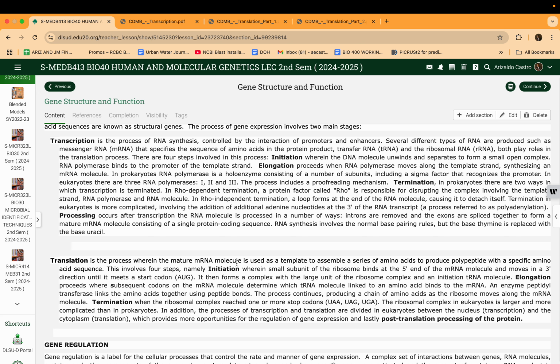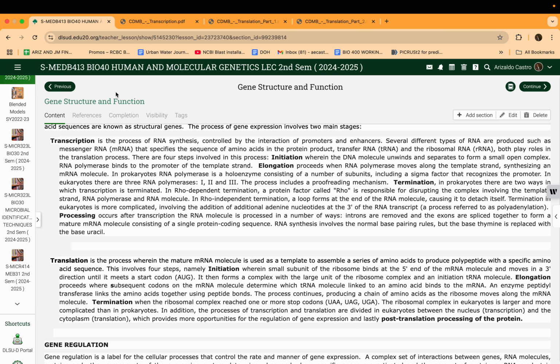They're not really coding for anything, so they are removed. The exons are the expressed components, which are spliced together. In between exons there are introns. Once introns are removed, exons are spliced together to form a mature mRNA transcript, which will be responsible for coding a single protein. Following this, RNA synthesis follows the normal base pairing rules, but the difference is that thymine is not used and is replaced with uracil.